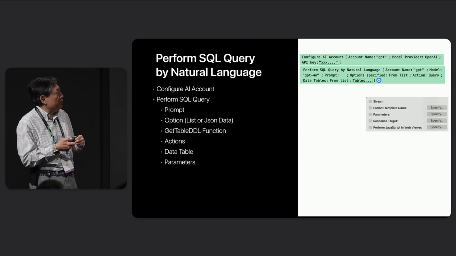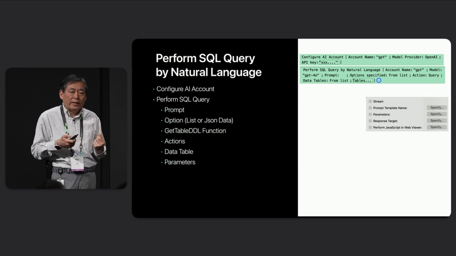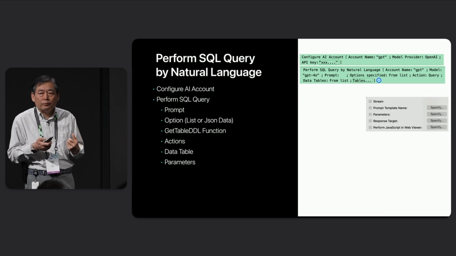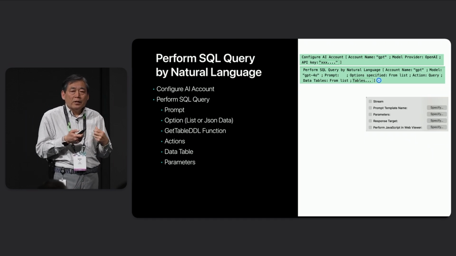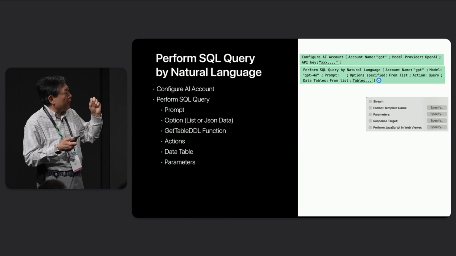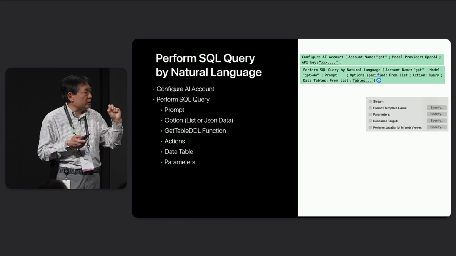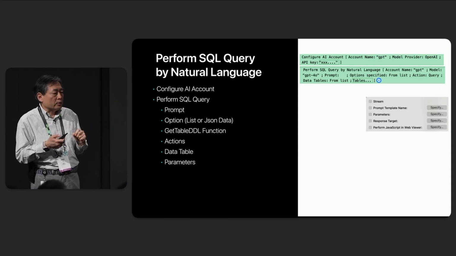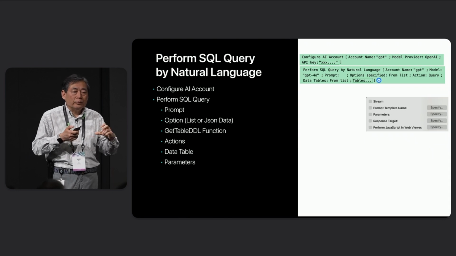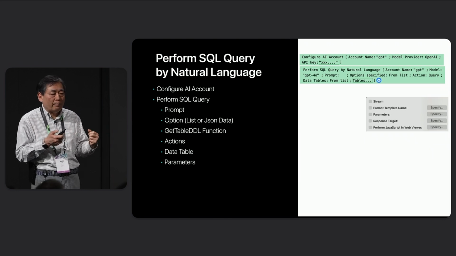The prompt template name is for when you need to do prompt engineering. Then you can pick the prompt template which you want. Later on, Derek will show you how to configure your custom prompt template.